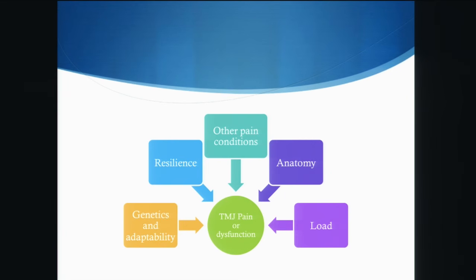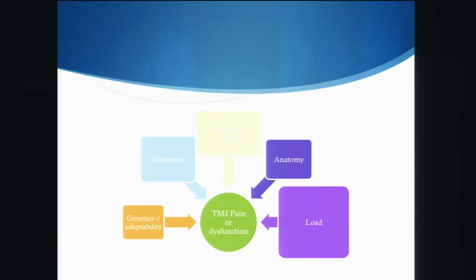So the load is obvious, the anatomy is obvious, and genetics and adaptability we can't do anything about. This was the old way we looked at TMJ disorders. It had to be the load. It just had to be the load. They did not consider these two factors.